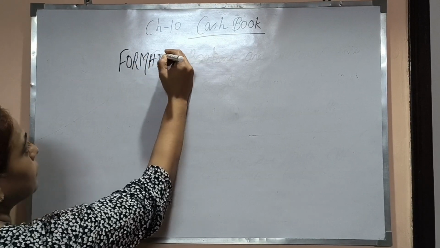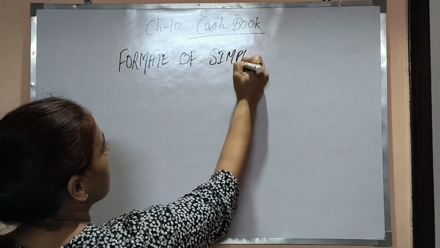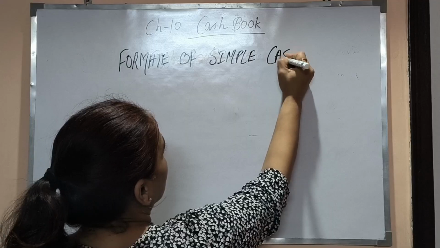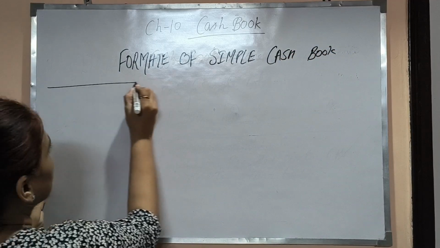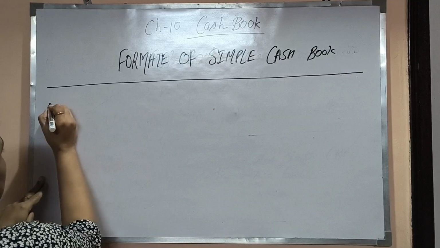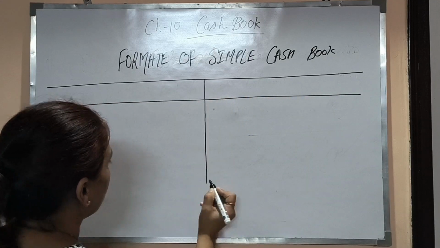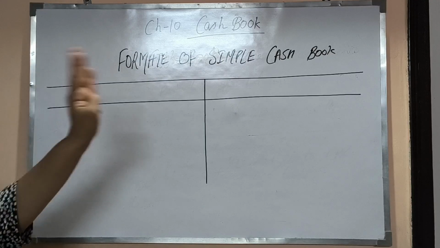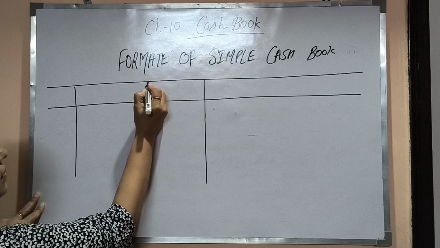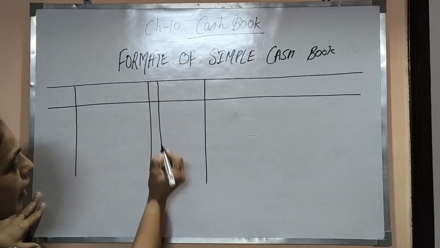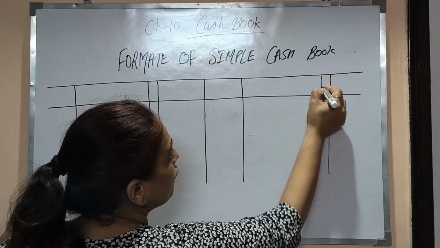Format of the simple cash book. Just like a ledger, the left hand side is the debit side and the right hand side is the credit side. Date, particulars, LF, amount. Date, particulars, LF, amount.